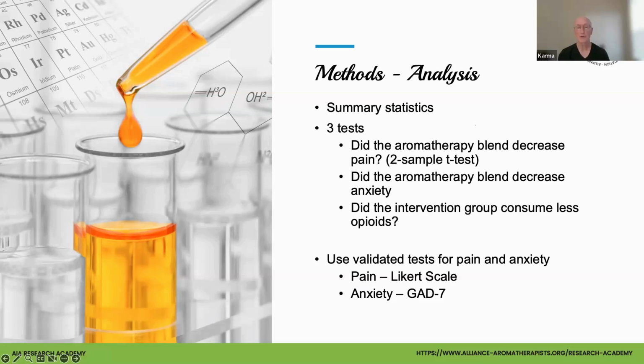So that's 3 tests right there. Now, make sure to use validated tests for pain and anxiety. For instance, there are several of these. For pain, you could use a Likert scale. For anxiety, you could use the GAD-7, which is readily available.